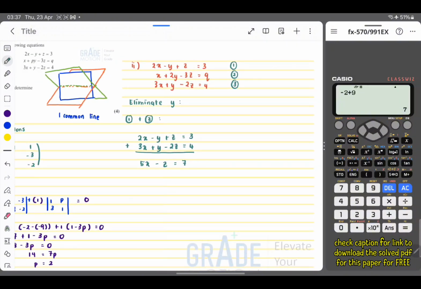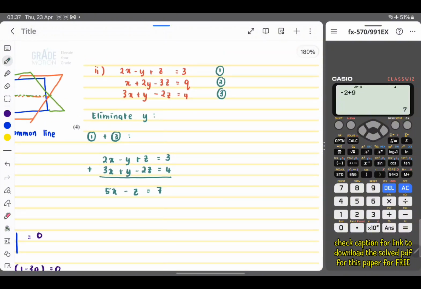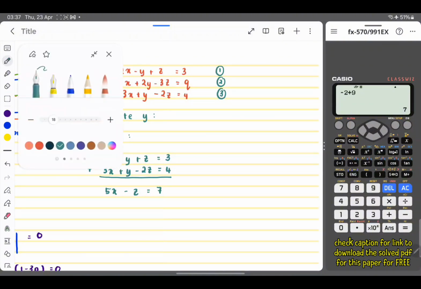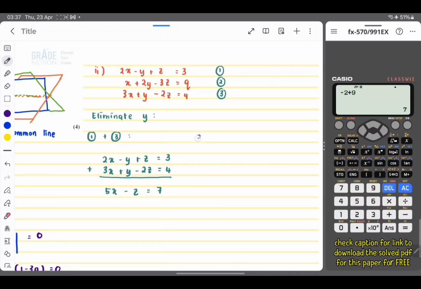Let's take a look. We have to find a different combination to eliminate y, but it must include equation 2 now. So what I would like to do is, oh my bad, to multiply equation 1 and add it with equation 2.